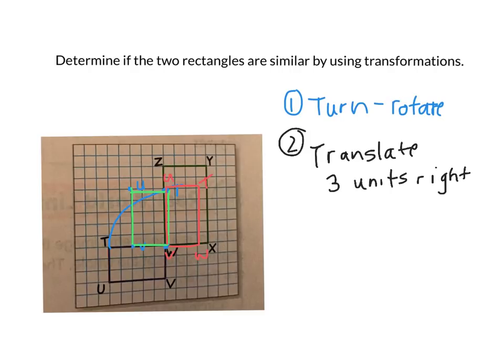T and U. Now my very last step is to determine if I have similar sides based on determining a scale factor. So I'm going to look at my corresponding sides. Here VW corresponds with WX. So again, I'm going to take my bigger number. WX is 4. VW is 3.